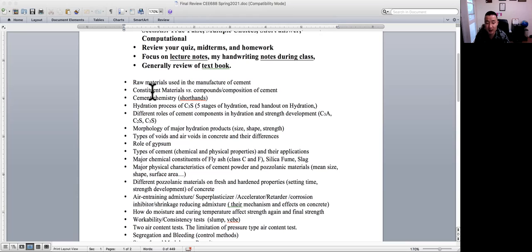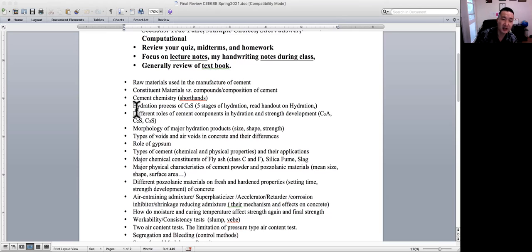Constituent materials means the different types of oxide, such as calcium oxide, and the shorthand for calcium oxide is C. Silicon oxide shorthand is S. Alumina and ferrite are A and F. For compounds we have C3S, C2S, C3A, and C4AF. So these are compounds.